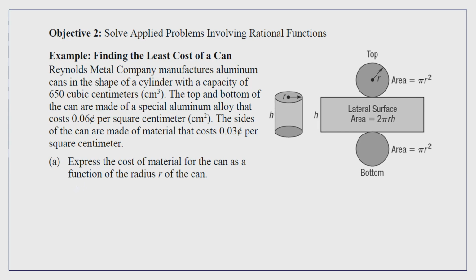So C is going to be the cost of the top and bottom, which are the circles, plus the cost of the side.